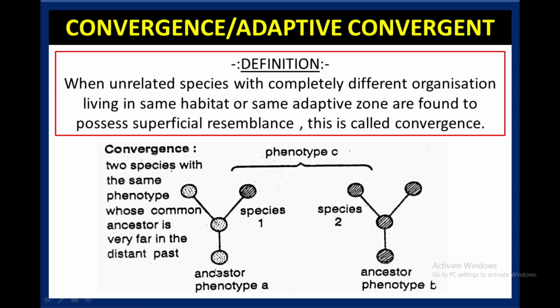This is one ancestor, this is another ancestor, and unrelated species are those species that evolved from different ancestors. That means species 1 and species 2 are unrelated to each other and evolved from different ancestors, I mean to say different organization, but they are expressing the same phenotype.